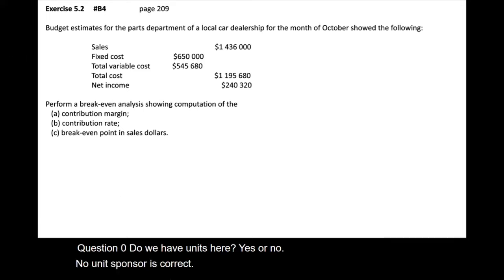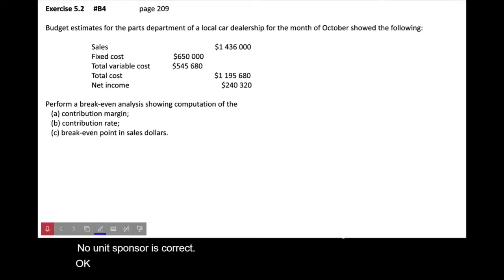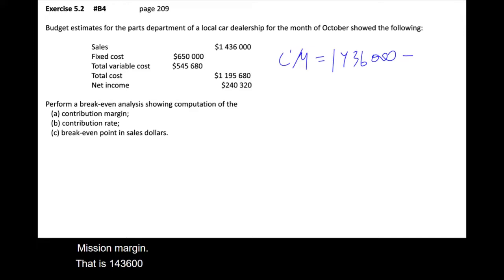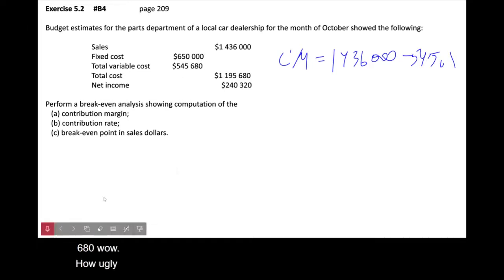Okay, so contribution margin, let me change color. Contribution margin, that is 1,436,000 minus 545,680. Wow, how ugly is it?